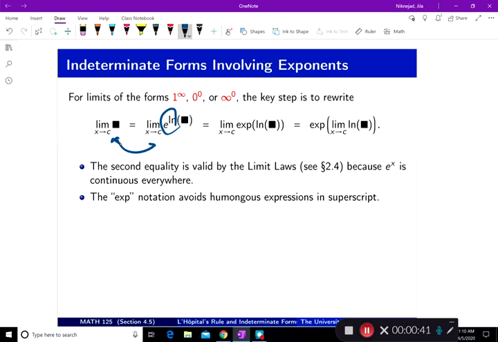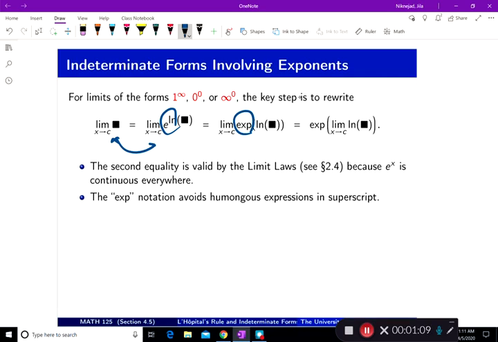And e to the natural log is kind of awkward to write, so we write it as exp of natural log. The beauty of the exponential is that you can take it outside the limit, or bring the limit inside the exponential, because it's a continuous function.